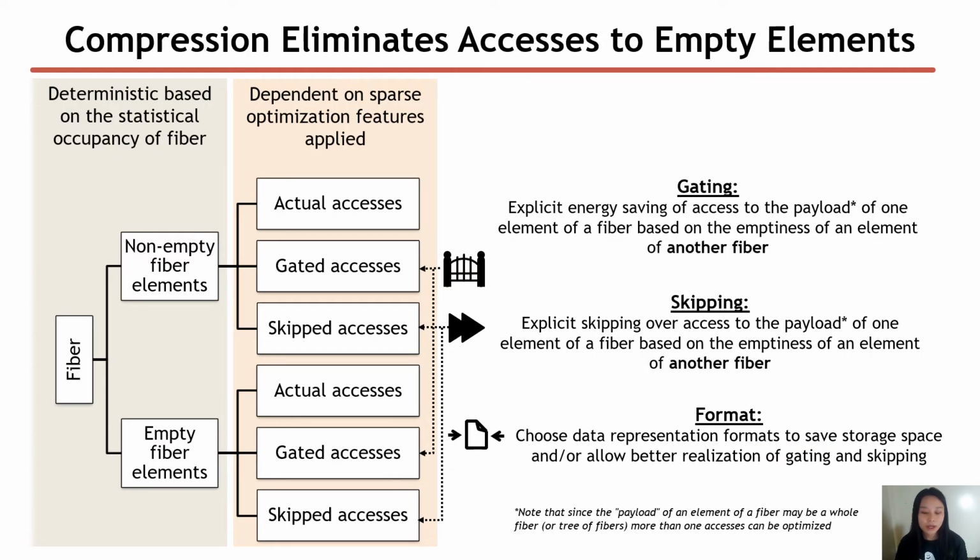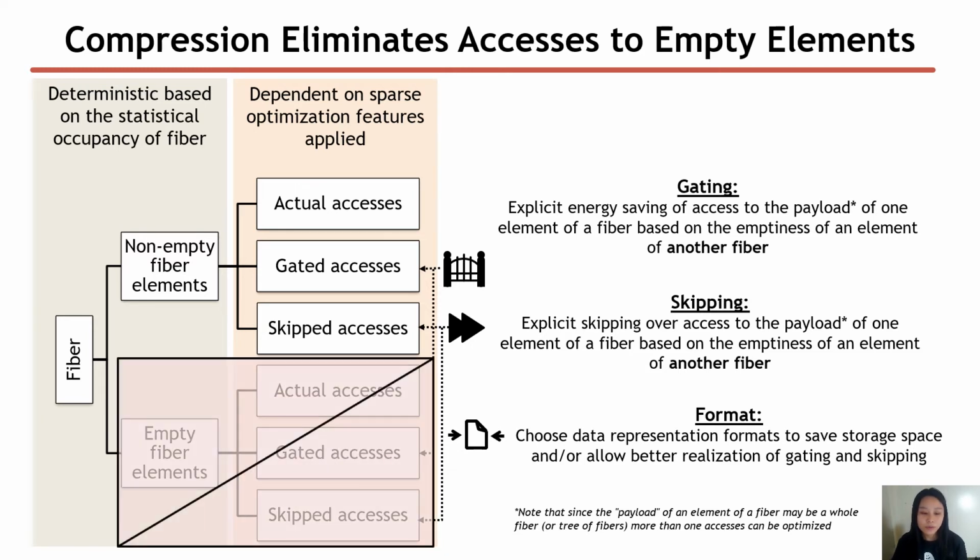Okay, so now we have reached the last type of sparse optimization feature, which is picking the data representation format to save storage space, and also allow the reduction in storage accesses because you are not storing the 0 values.